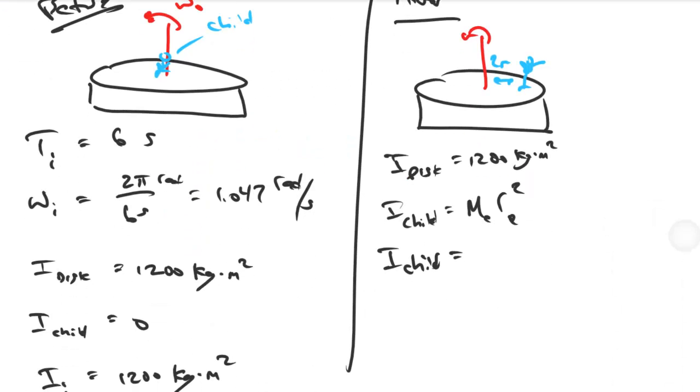And so this is 40 kilograms times 2 meters squared, and the new rotational inertia of the child is 160 kilogram meters squared.